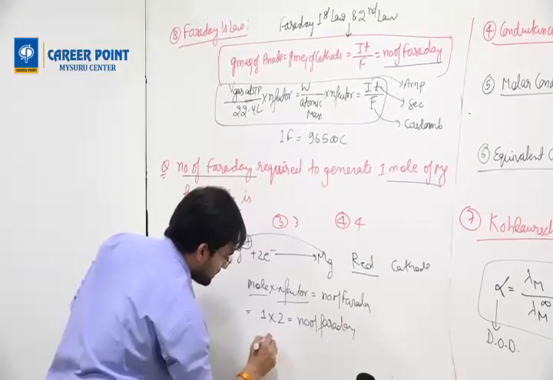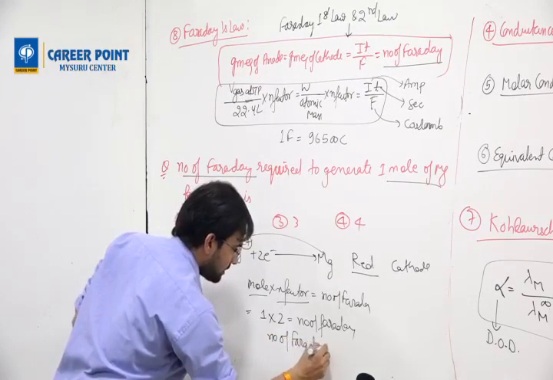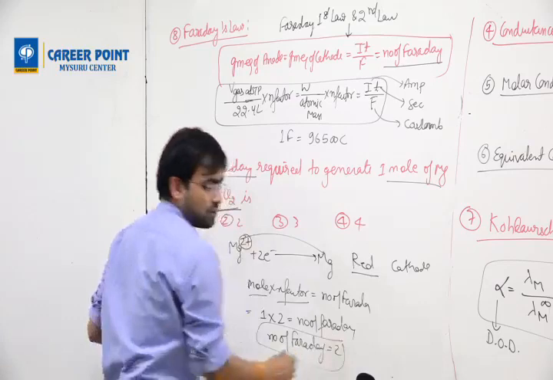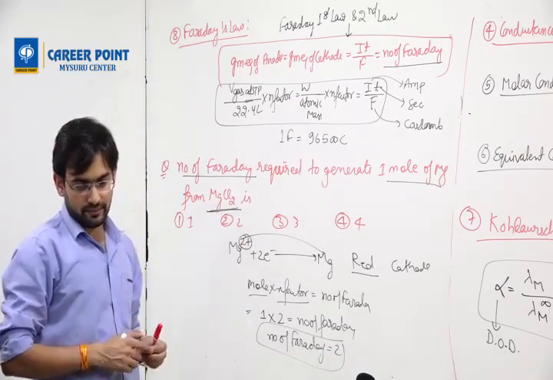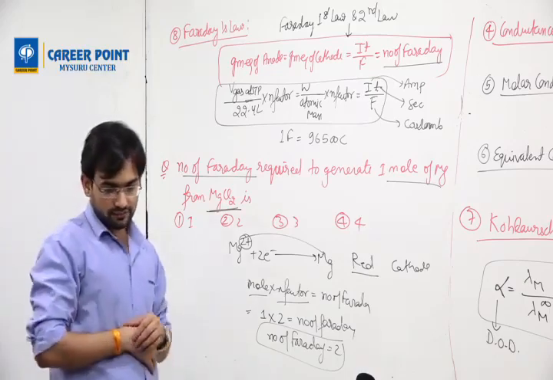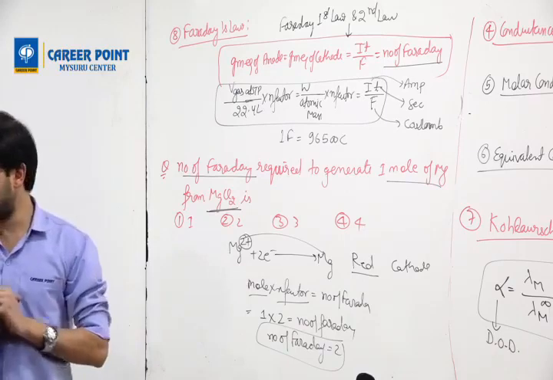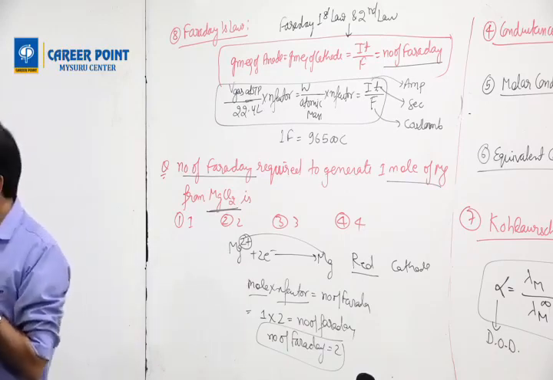So the answer is number of Faraday equals 2, 2F. Understand?